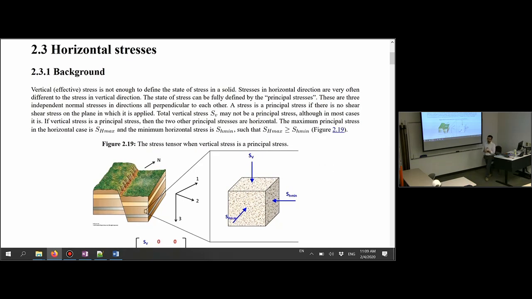What is the difference between a solid and a fluid? Can anyone tell me that? What did you learn in physics? Yes? The fluid takes the shape of its container, and what if, instead of talking about the fluid, how could you rephrase that for a solid?